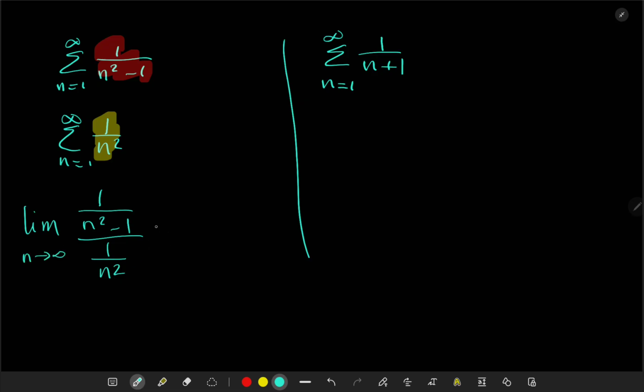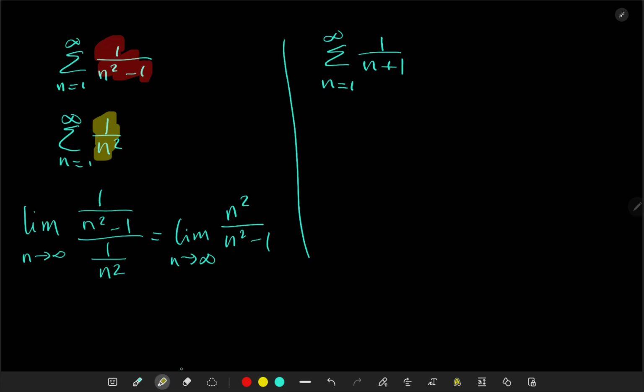In this particular case, if I compute it, I can just multiply this expression by the reciprocal of this number. The reciprocal of this number is just n squared. So this turns into n squared times 1 over n squared minus 1, as n goes to infinity.